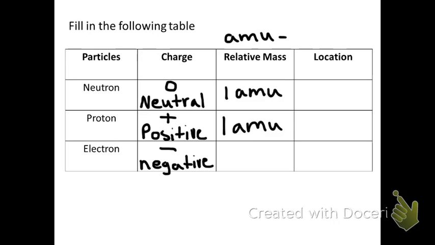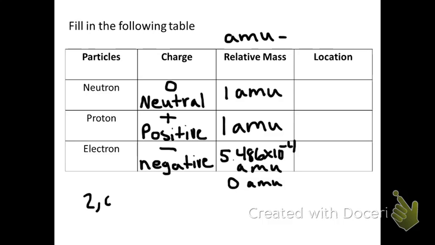An electron is about 5.486 times 10 to the minus 4 AMUs. So essentially we almost say that an electron is 0 AMUs. It is so small. An electron is, you might want to record this, about 2,000 times smaller than a proton.